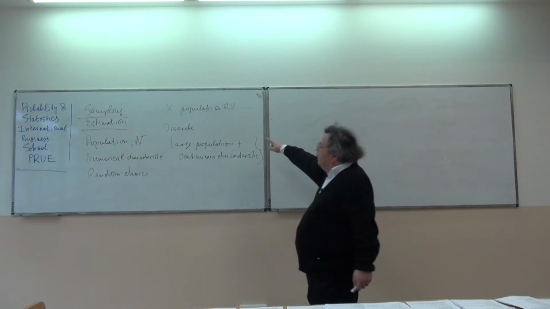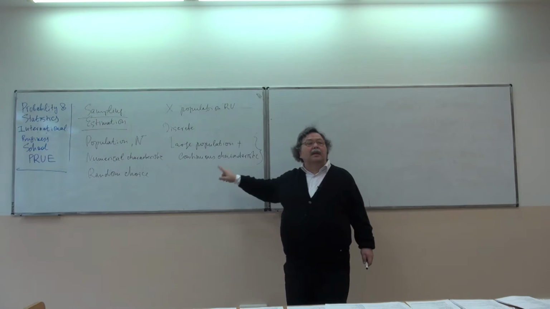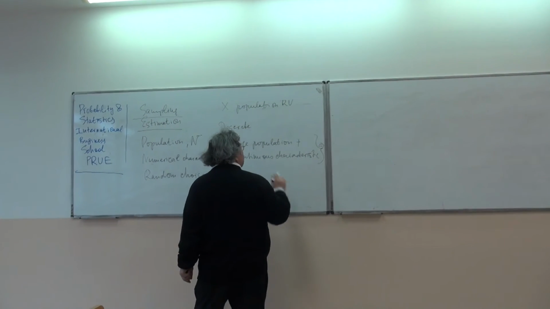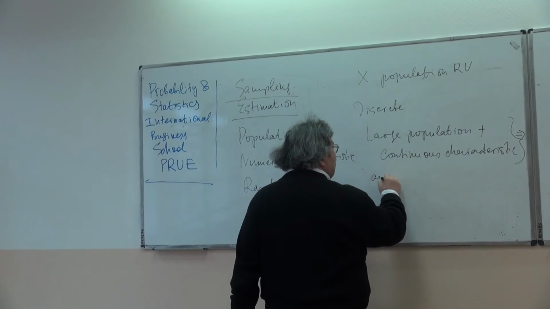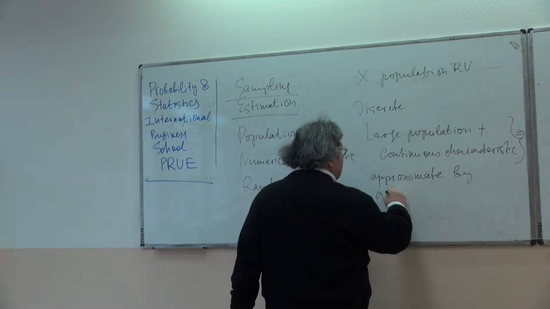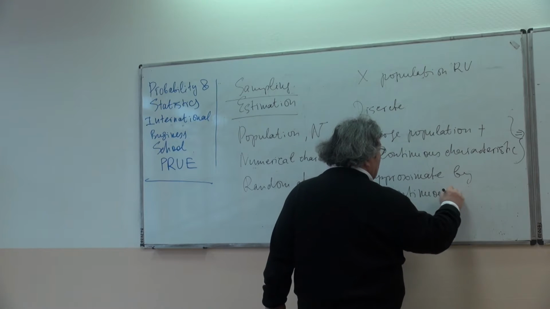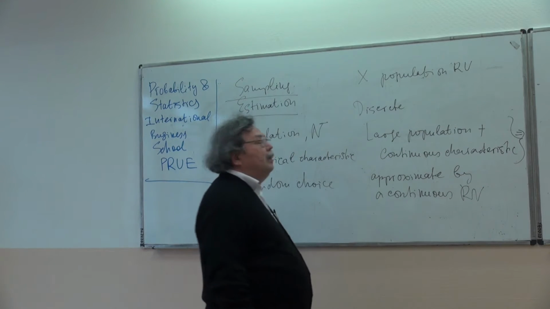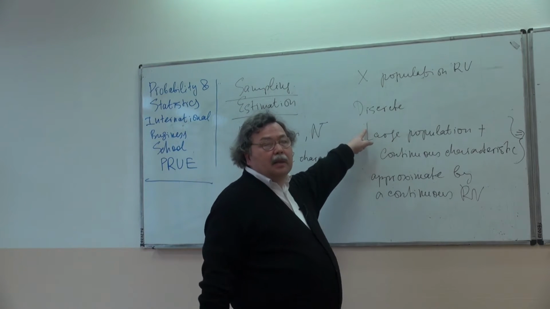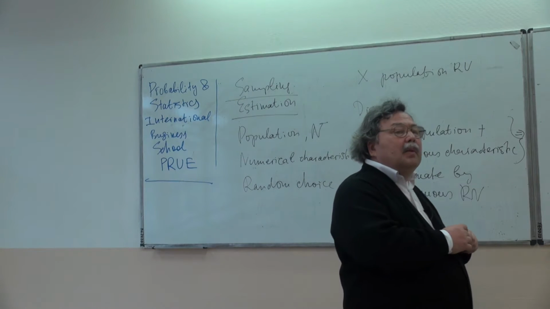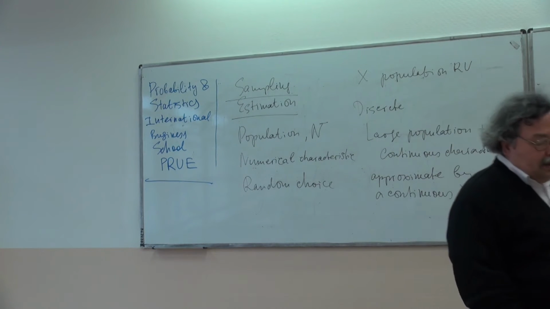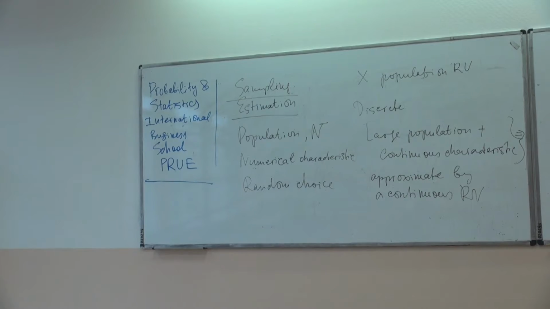So if we talk about a large population and a continuous characteristic, then we approximate by a continuous random variable, in many cases by a normal random variable, although technically speaking it's discrete. Do you understand this point? We almost never use the discrete one. We almost always approximate it by a continuous random variable.